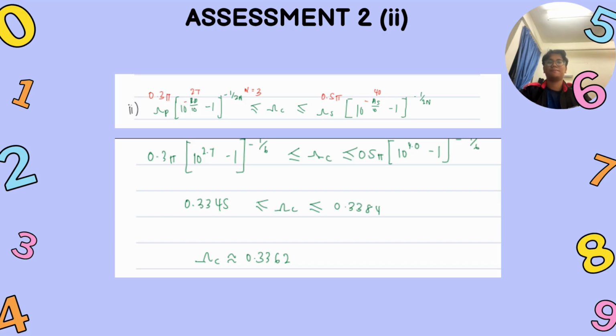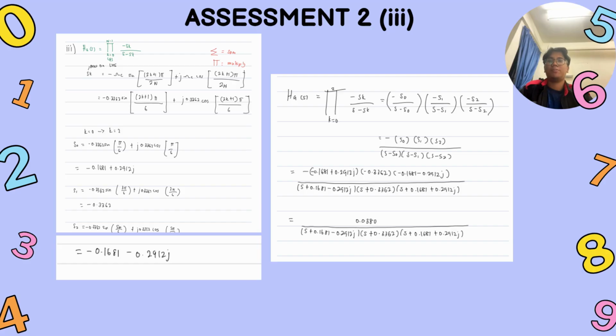For part 3, we map the poles of our system to construct the transfer function H(s). For a stable system, we look for poles strictly on the left half of the s-plane.